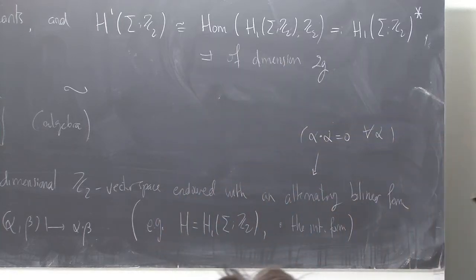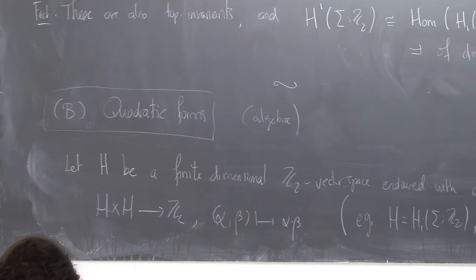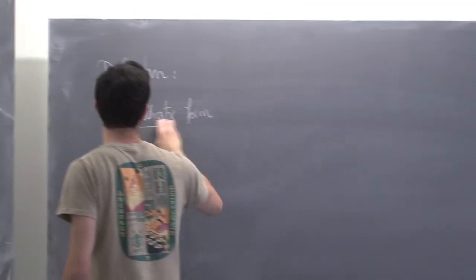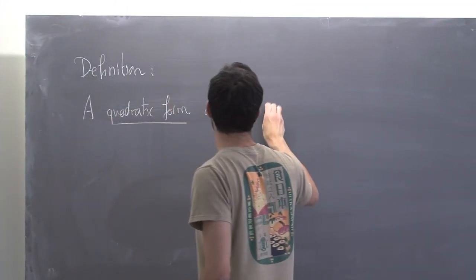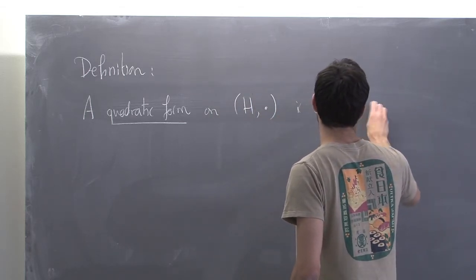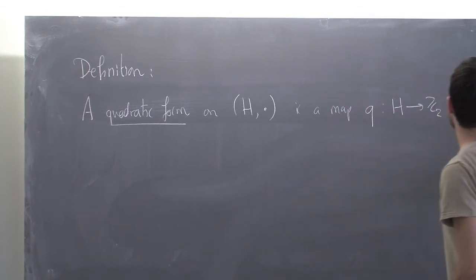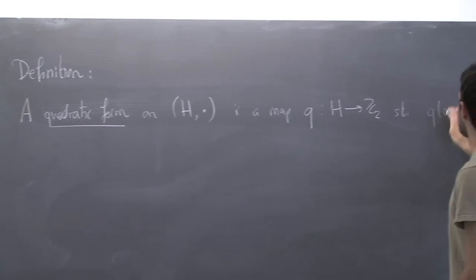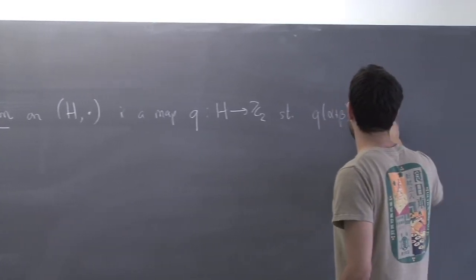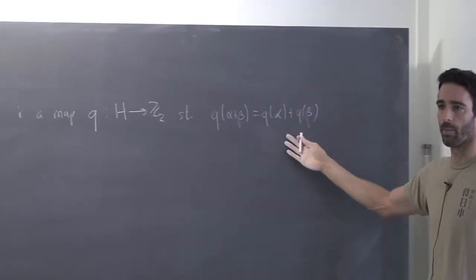Okay, definition. A quadratic form on H equipped with this form is a map Q, H to Z2 such that, if I write this, it means it's a linear map.